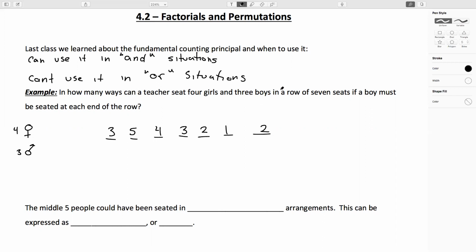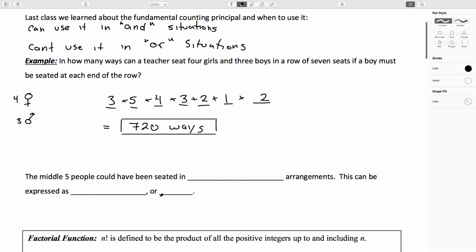If we multiply all of those together, we're going to end up with 720 possible ways. So you could rearrange the row every day for 2 years and still you won't run out of spots, or you won't reuse the same combination.